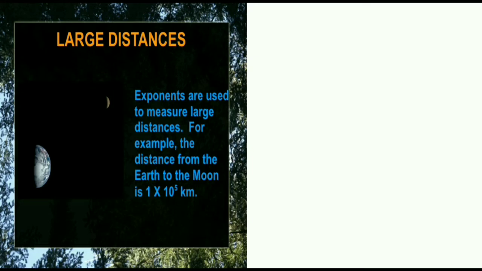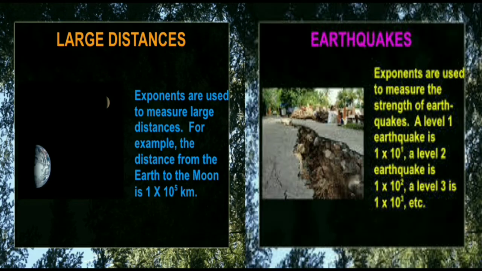Large distances. Exponents are used to measure large distances. For example, the distance from the earth to the moon is 1 multiplied 10 raised to power 5 kilometer. For earthquakes, exponents are used to measure the strength of earthquakes. A level 1 earthquake is 1 multiplied 10 raised to power 1.